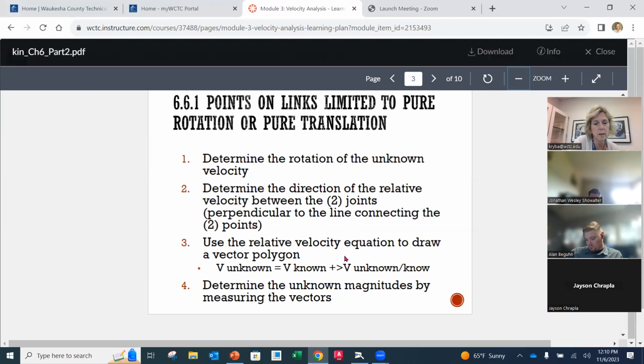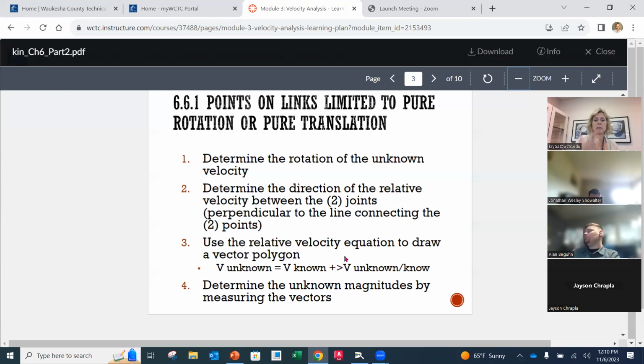Then we're going to use that relative velocity equation, and we're going to draw out the vector polygon. We've done this. That was chapter 3 stuff, kind of preparing us for exactly this. So we'll be looking at that process, and then we're going to measure the vector for the unknown magnitude of the velocity that we're looking for.